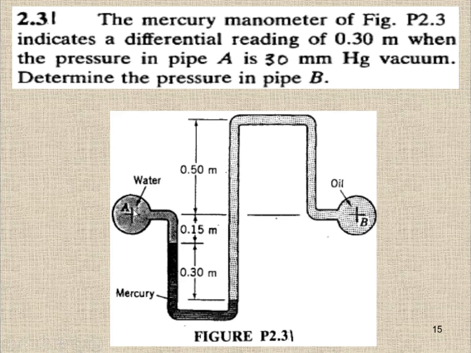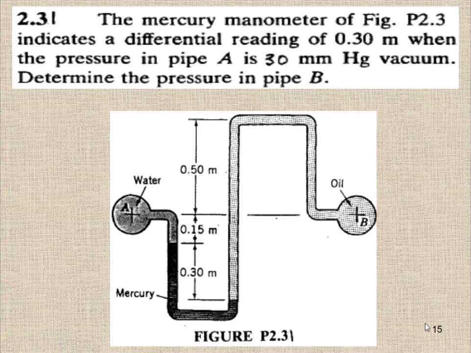Since the pressure in pipe A is vacuum, the height of the column is going up. If it is positive pressure, it must go down. But since it is vacuum pressure, it is sucking the manometric fluid.